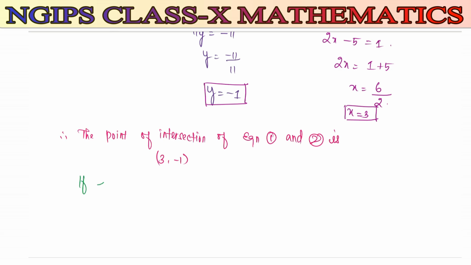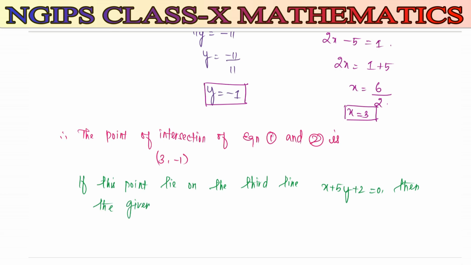If this point lies on the third line, x plus 5y plus 2 is equal to 0, then the given lines will be concurrent.